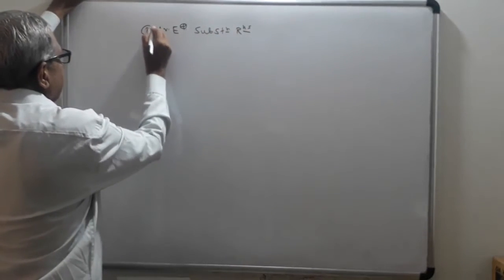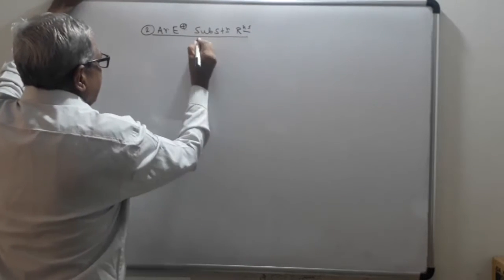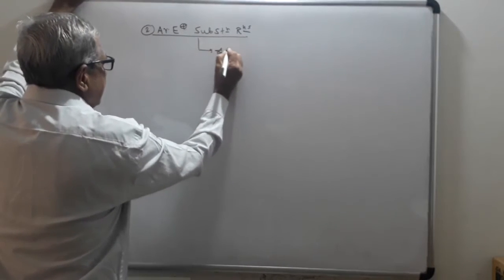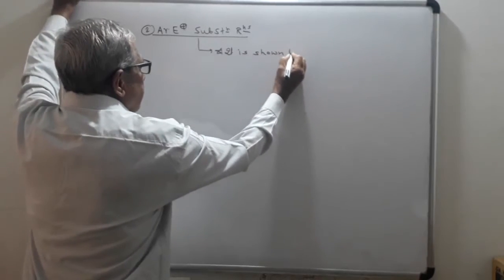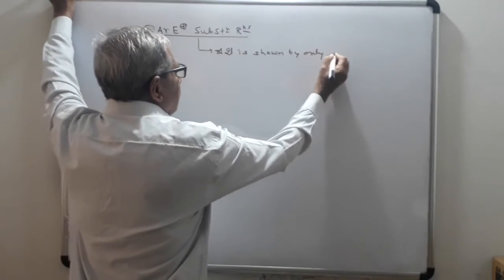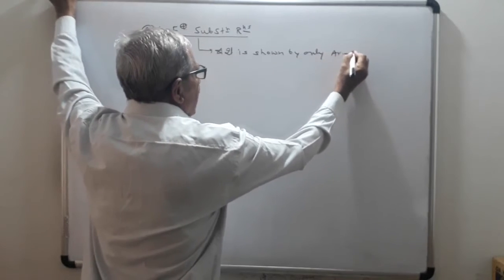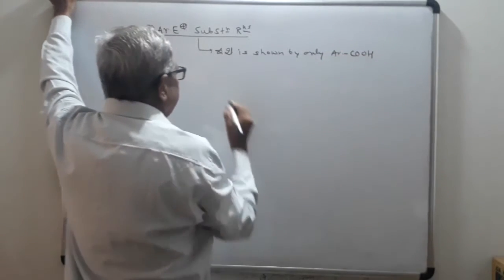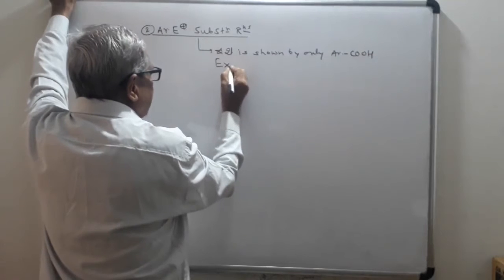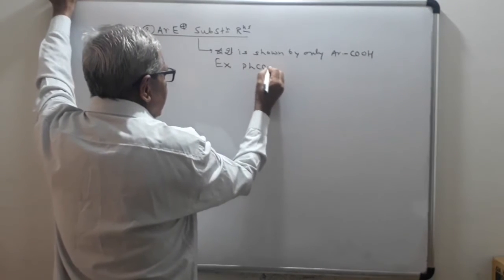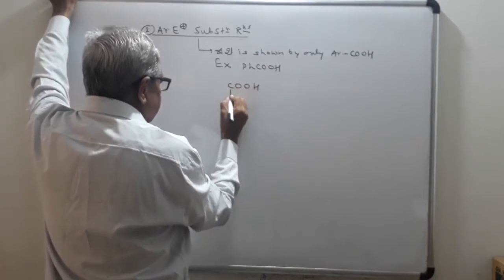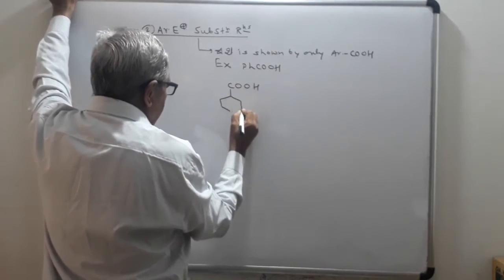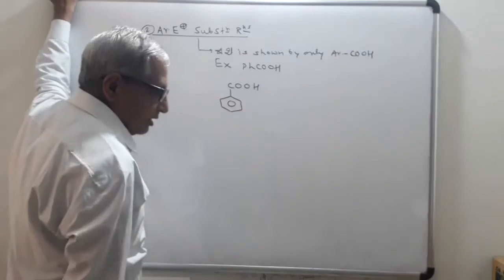This is your second type. First question here: it is shown by only aromatic carboxylic acids. The example of aromatic carboxylic acid is benzoic acid. The structure of benzoic acid is like this.